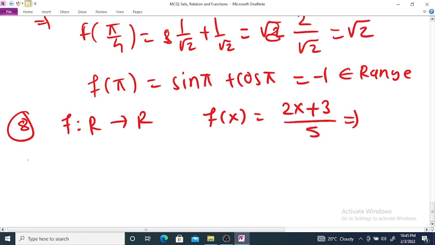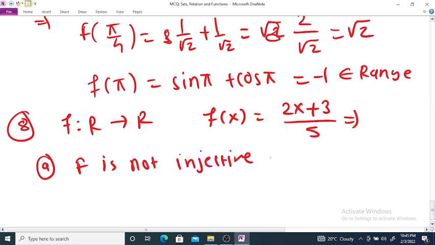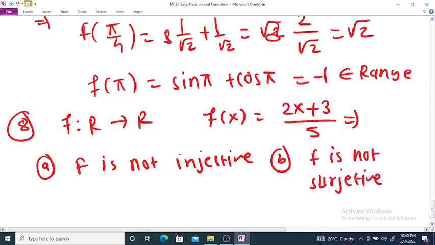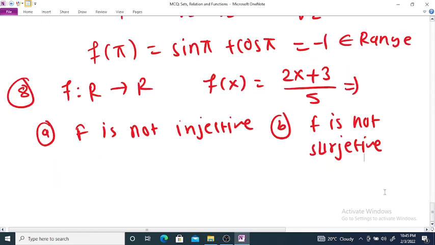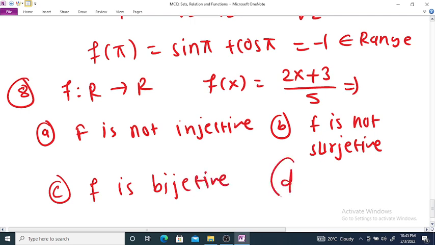Then option A, f is injective, or f is not injective, option B, f is not surjective, option C, f is bijective, and option D, none.